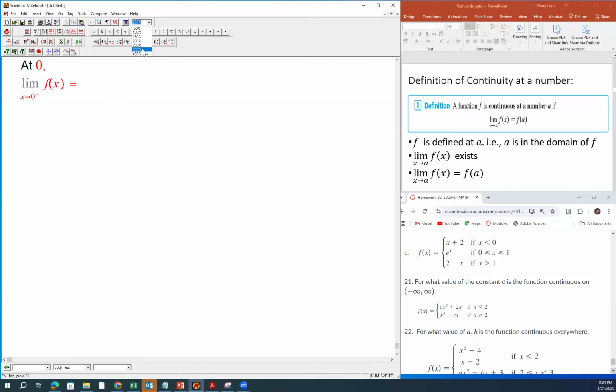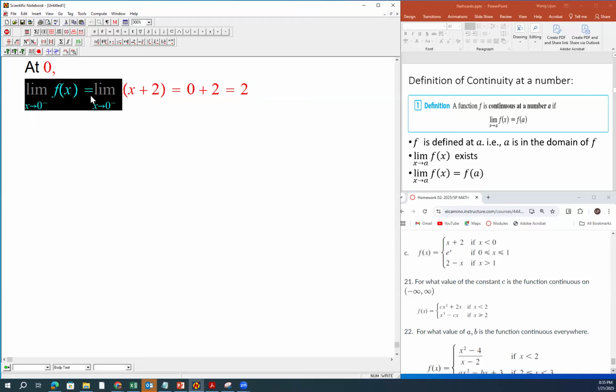I'm going to make the font a bit larger. Okay, approaching 0 from smaller than 0. And that limit, right? You look at that piecewise function, that's x plus 2. That's the rule when x is less than 0. And that's a direct substitution. So 0 plus 2, and that equals 2.